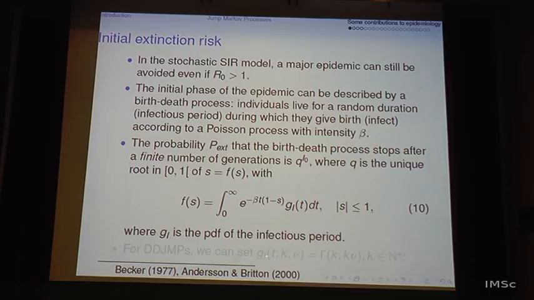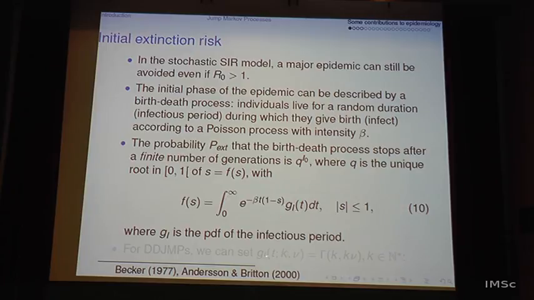And then you can show that Q is the unique root between 0 and 1 of the equation s equal F of s. With F of s, you can recognize some kind of probability generating function. That's the Poisson process, and that's the distribution of the infectious period.